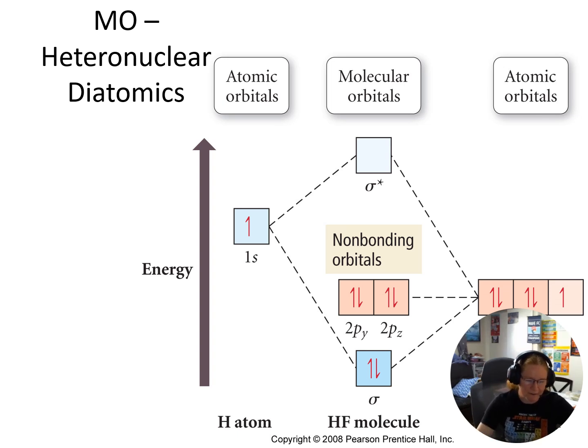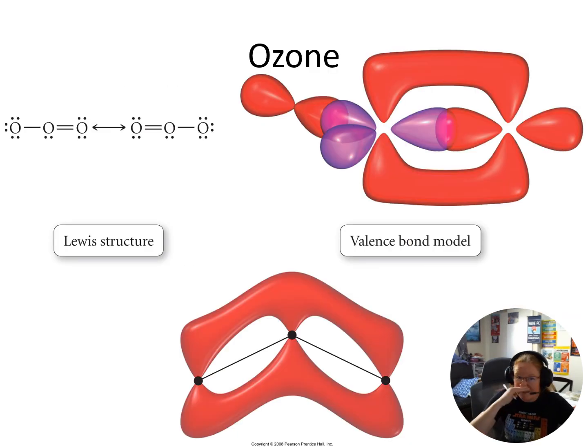Okay? When we look at things that have resonance, we've talked about the fact before that we get this delocalization of that electron density. Our Lewis structures, we draw individual situations. And if we look at it from just a valence bond perspective, then it looks like we have a single bond and a double bond. And where does that fit?